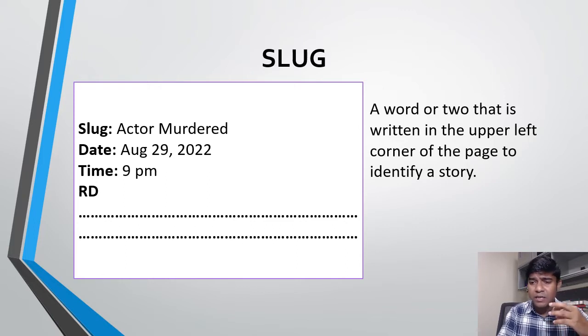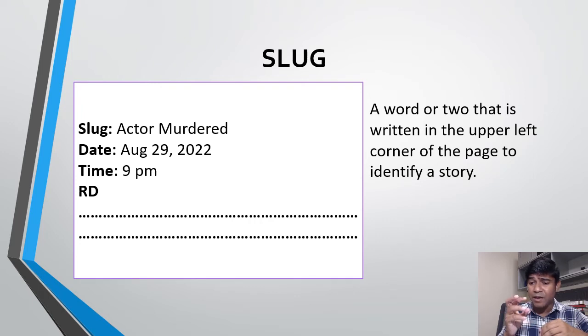A slug gives a gist of the entire story that you are going to report on that particular day, and you send that slug to your editorial desk. When I say it gives the gist of the story, it doesn't mean that it consists of an entire paragraph. It is only a word or two that will just identify the nature of the story that you are going to report.